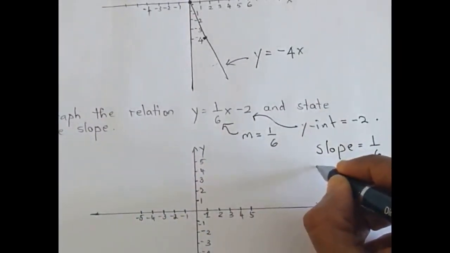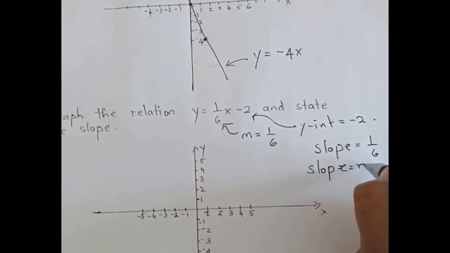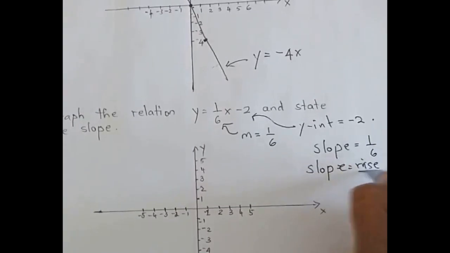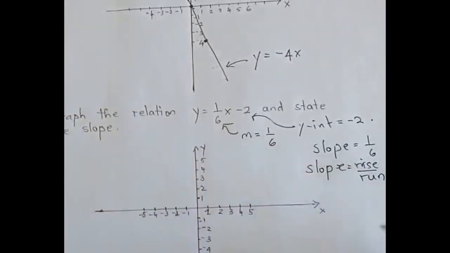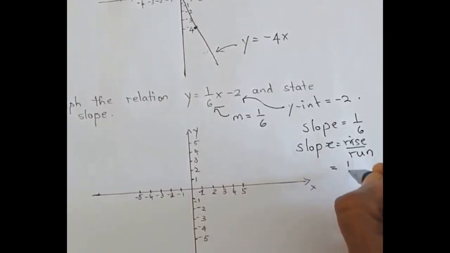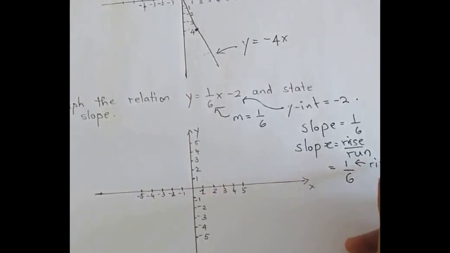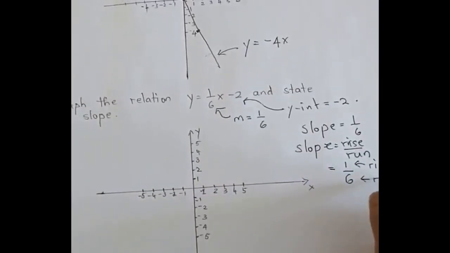If we write the slope as rise over run, that's going to be 1 over 6. So that would be my rise, and this is going to be my run.